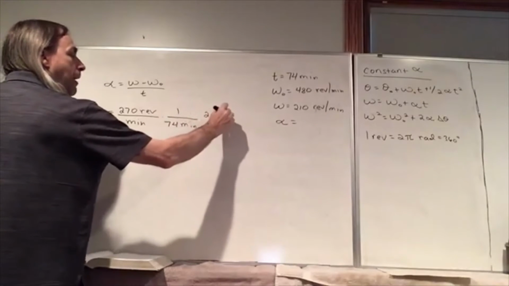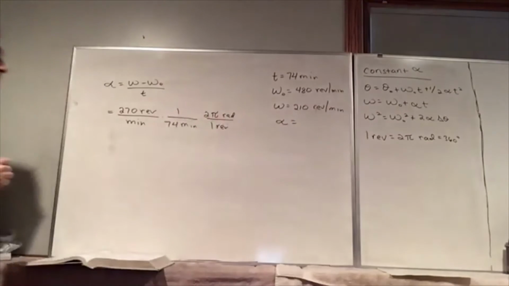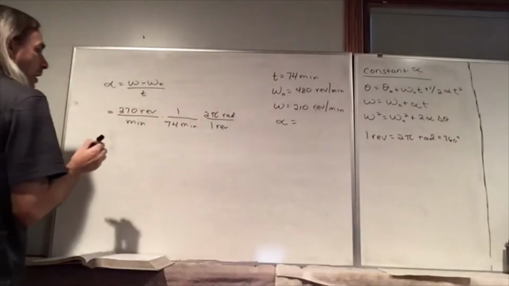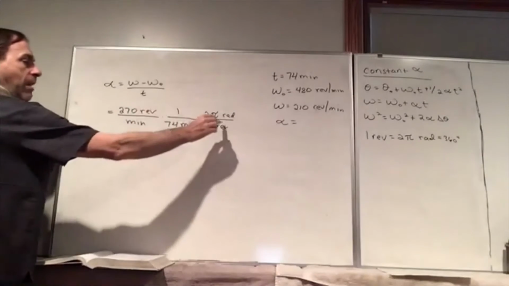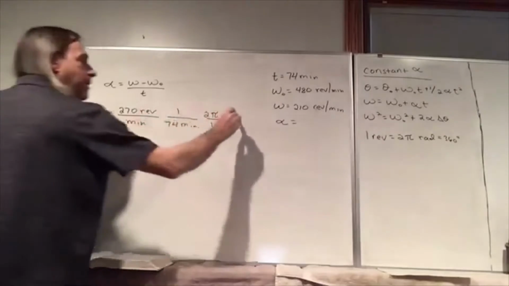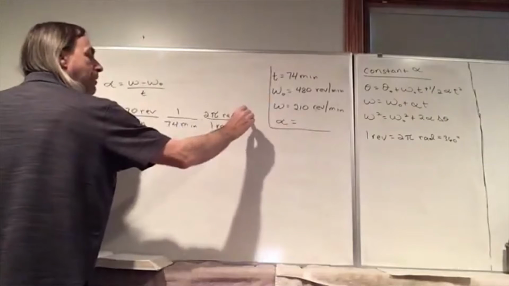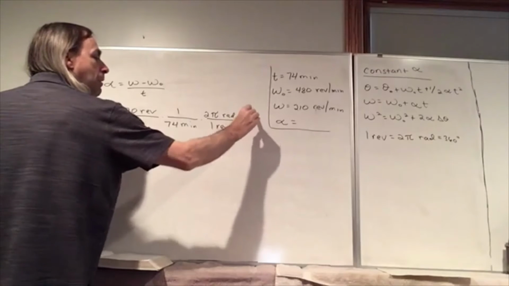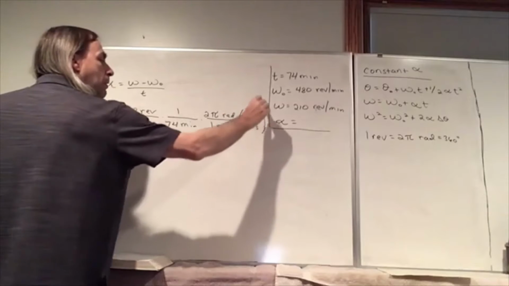So 2 pi radians is 1 revolution. And if we look at our units now, if we cancel out revolutions, we have radians per minute squared. So let's get rid of that. Let's convert minutes to seconds. So 1 minute is 60 seconds.